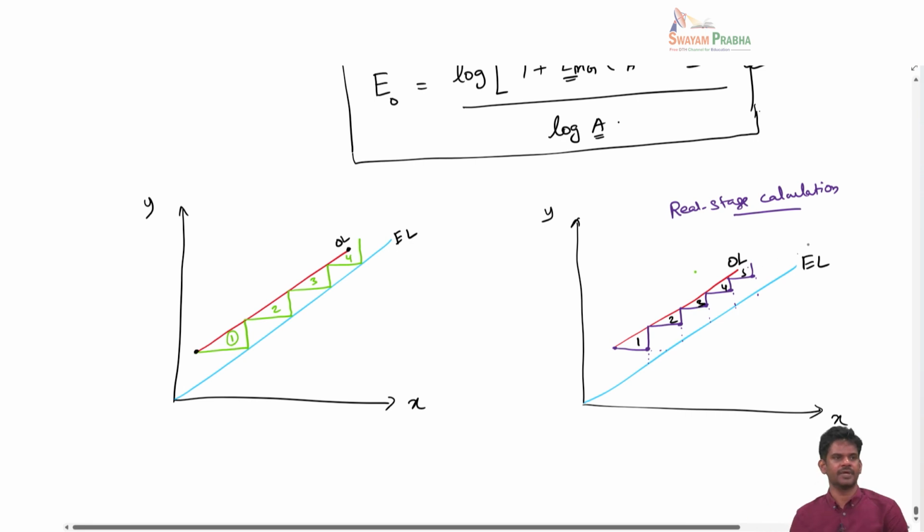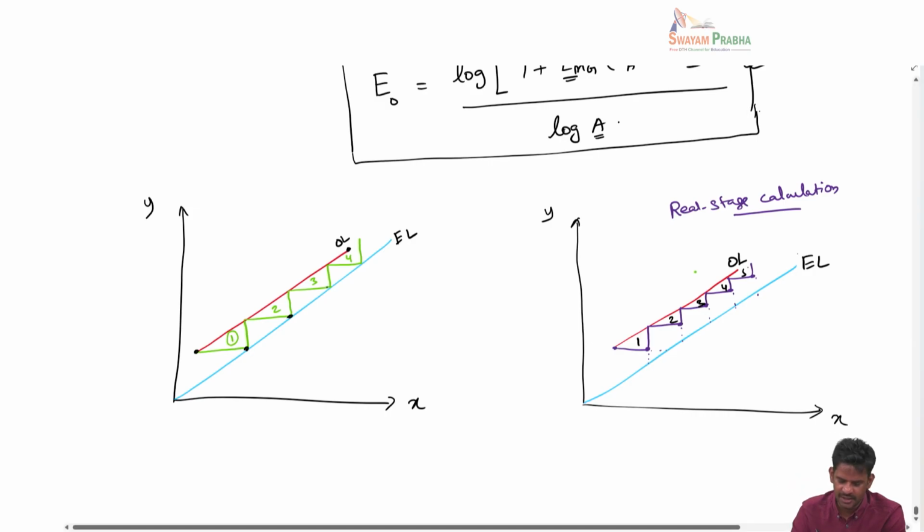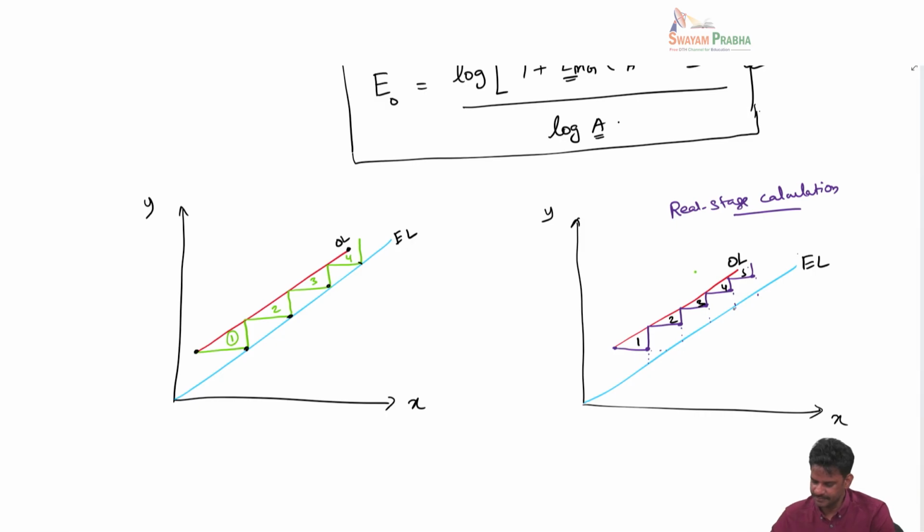Because the trays are not ideal, the number of real stages would always be more than the number of ideal stages, because the outgoing compositions are never on the equilibrium line when we deal with a real system. So that's the analogy.